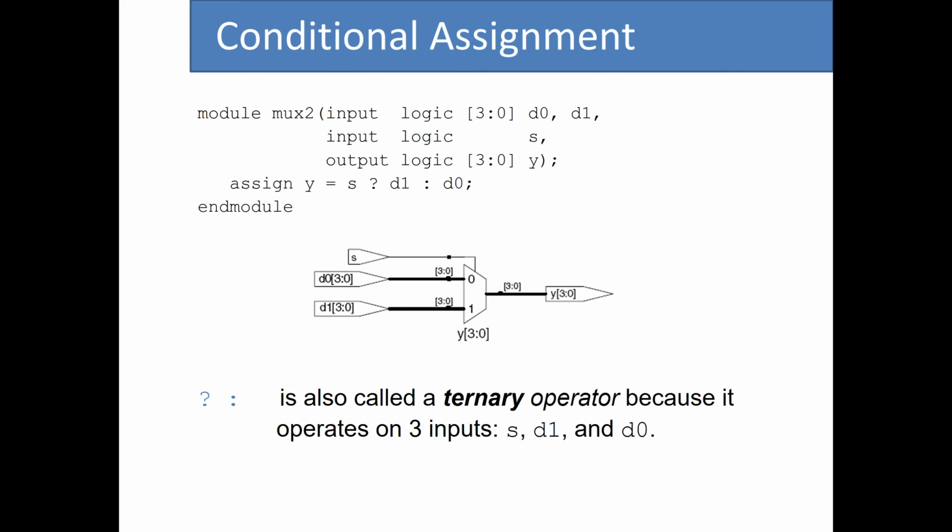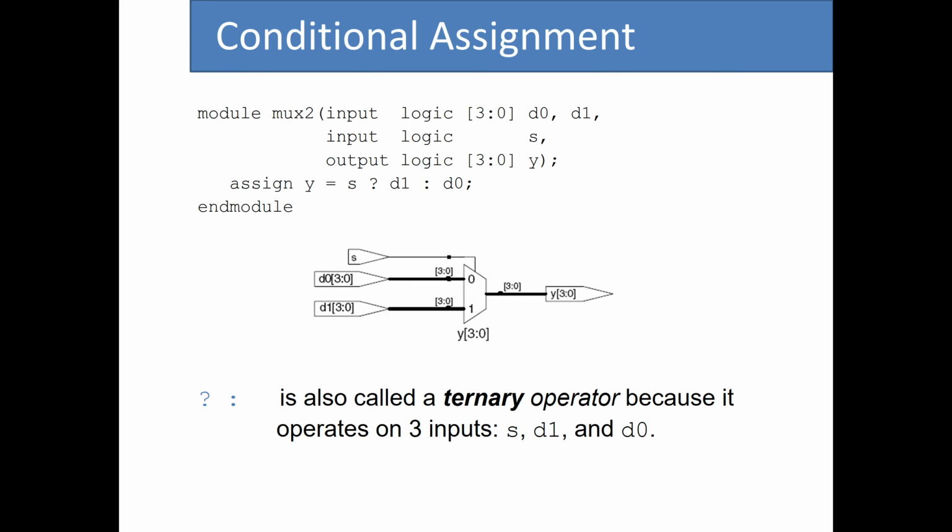What about conditional assignment? That is very useful when you want to define multiplexers. In multiplexers, if you remember, we had a set of select inputs and a set of regular inputs. Based on the values of the select or control input, we chose one of the inputs to be delivered to the output.